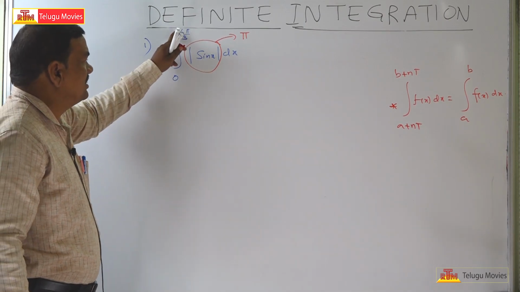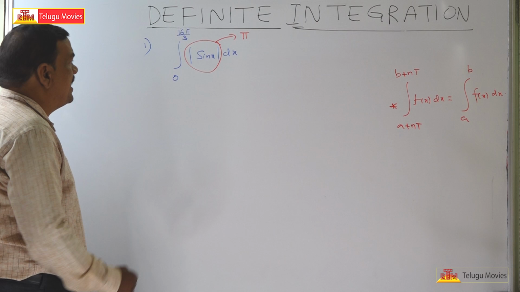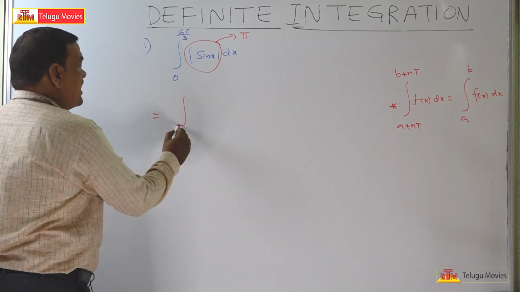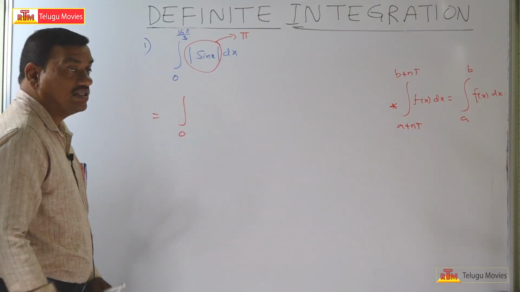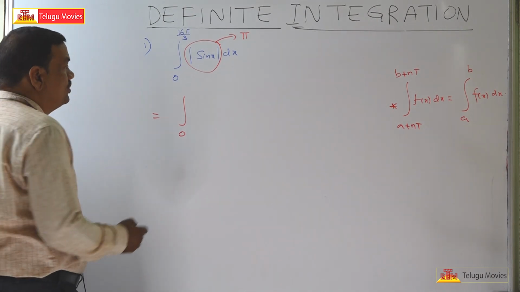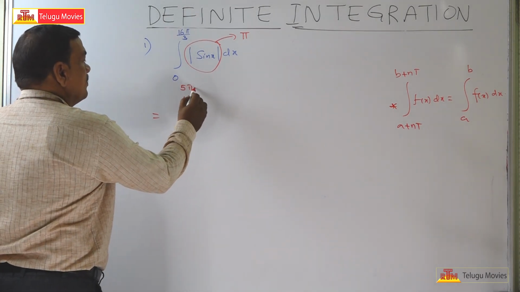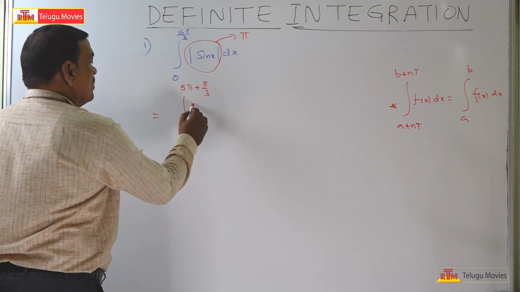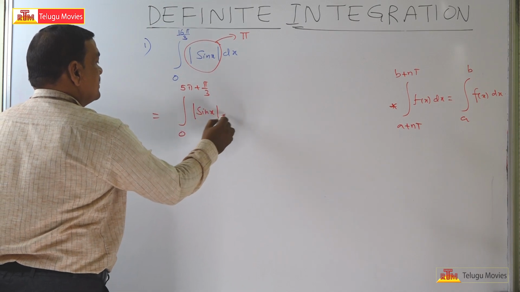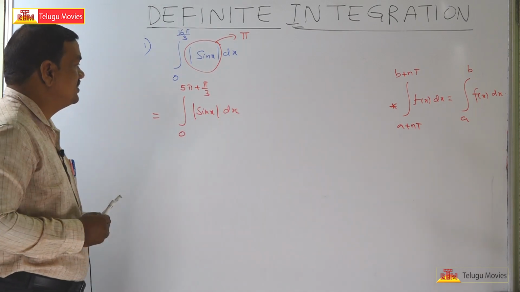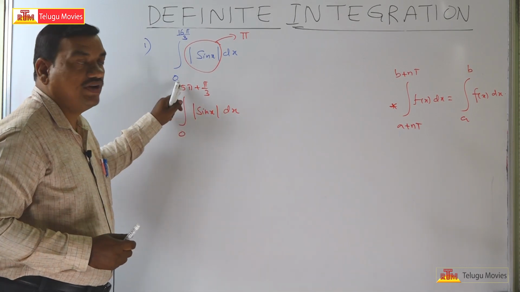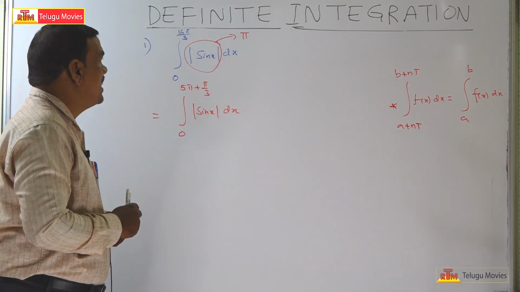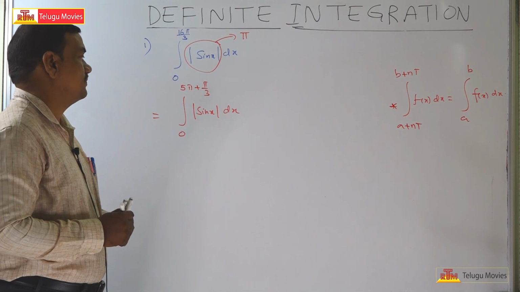Here a fraction is there, 16 pi by 3. So this can be written as the integral from 0 to 5 pi plus pi by 3 of modulus of sin x dx. Can you accept this? Yes, 3 fives are 15, 15 plus 1 is 16, so 16 pi by 3.